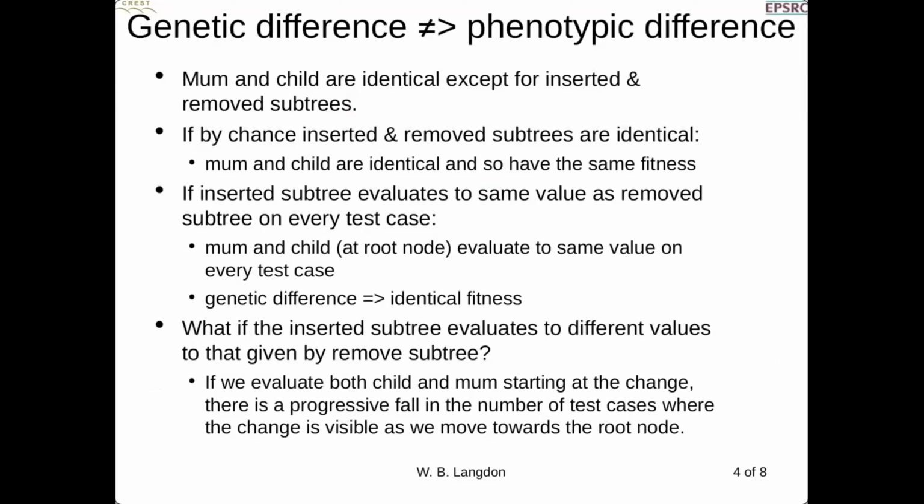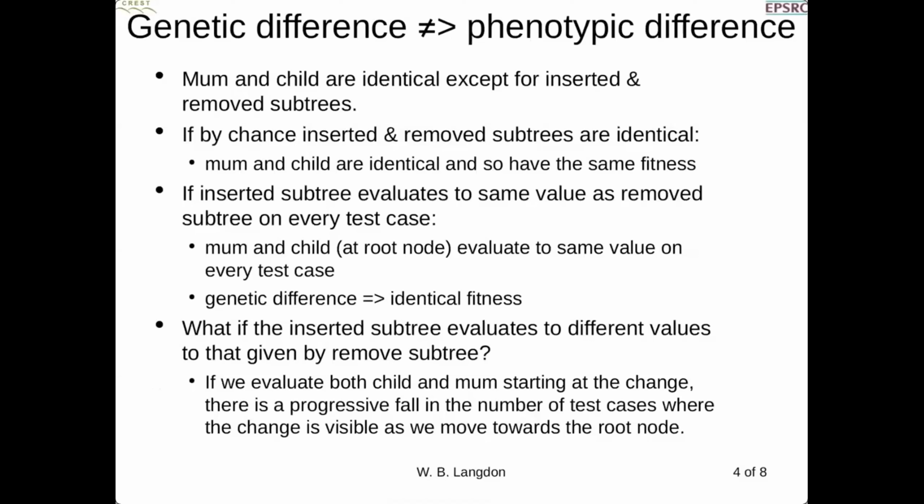If the removed subtree evaluates the same answer as the inserted subtree, so we can evaluate each subtree independently, if they happen to have the same value, then the whole of the tree will have the same value. So we have genetic difference, but we still get identical fitness.